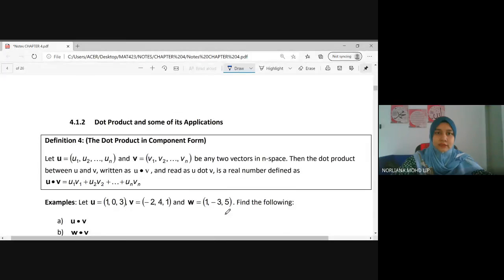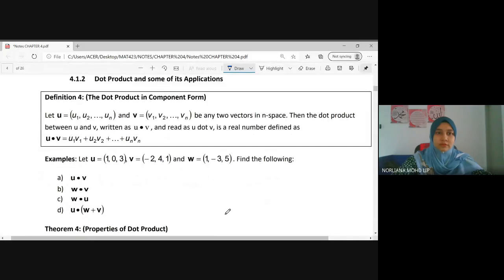Okay, we look at the dot product of a vector and its application. Let u be a vector in n-space and v a vector in n-space. Then the dot product between u and v is written as u dot v. We can find the dot product u dot v using this formula: u dot v equals u1 v1 plus u2 v2 plus up to un vn.